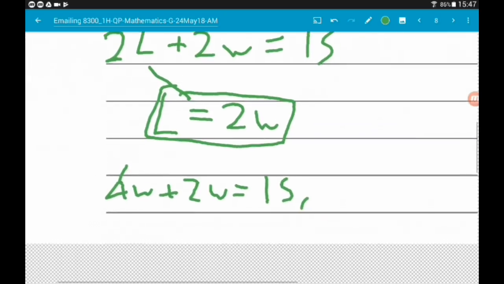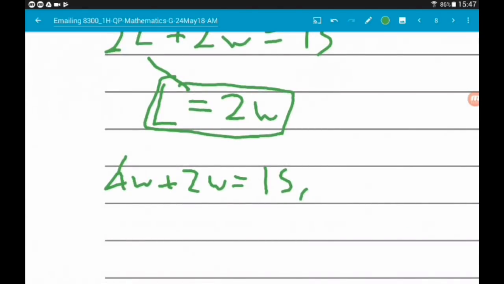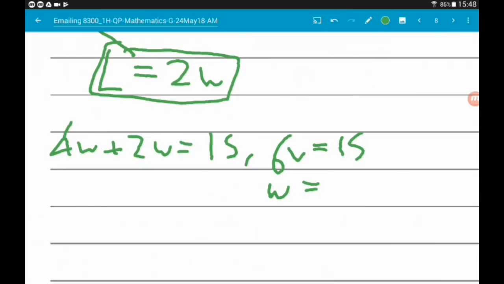Now that tells us then 6 widths is equal to 15. So 1 width is 15 divided by 6, which is 2.5 centimeters. So now we know the size of the width, we can also work out the length.